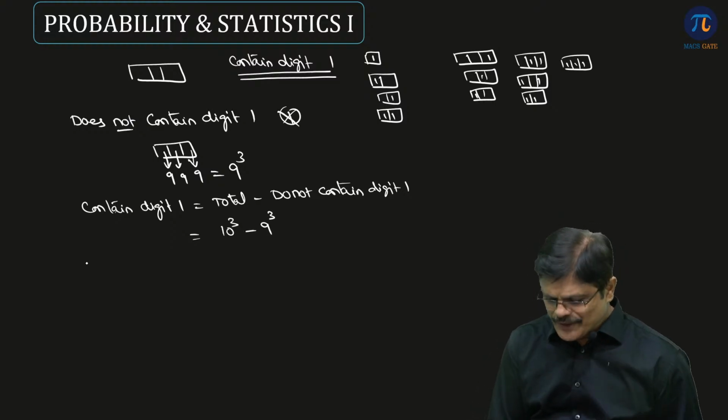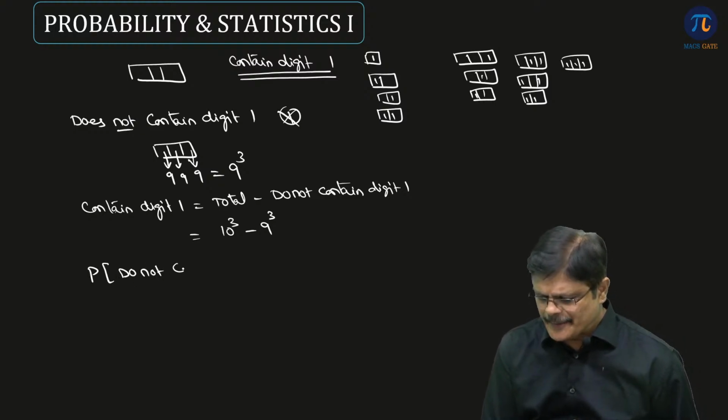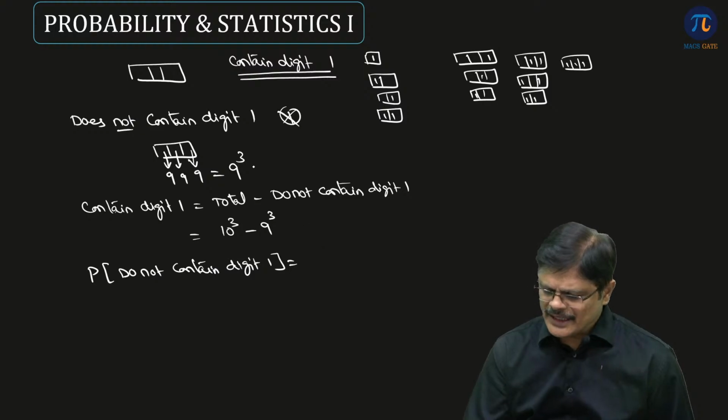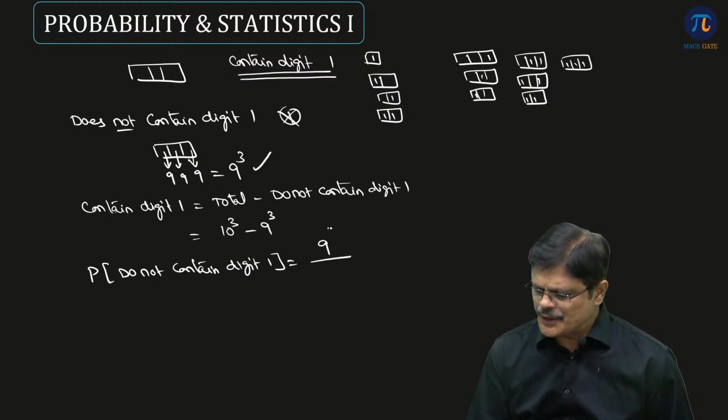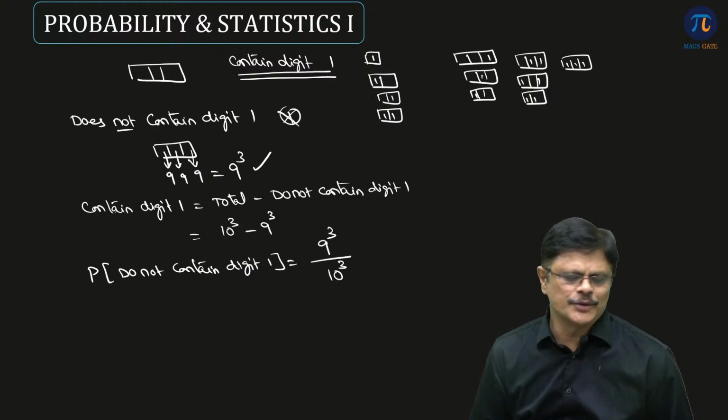Or you can do one thing. You can find the probability that they do not contain digit 1. Do not contain digit 1 means 9 cube favorable out of 10 cube.